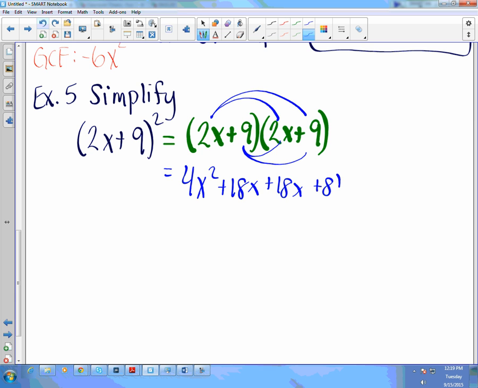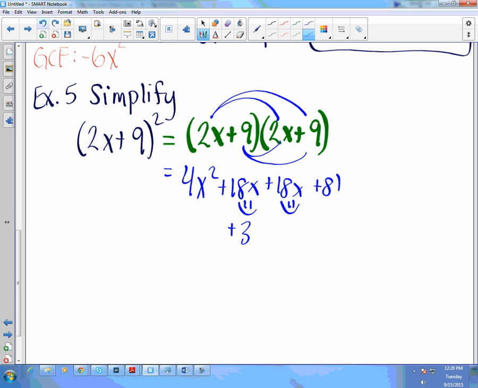81. Okay, see how we got 4 terms? Because we had 2 terms times 2 terms. That should create 4 terms. So that's a good sign that we're on the right track. We have like terms in the middle, 18x plus 18x. When we add, the exponent doesn't change.